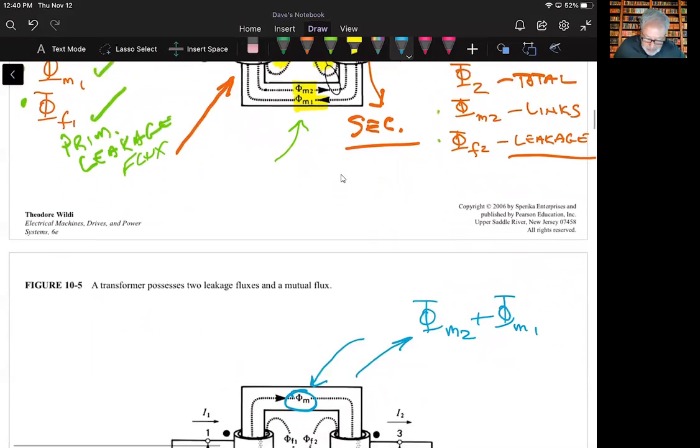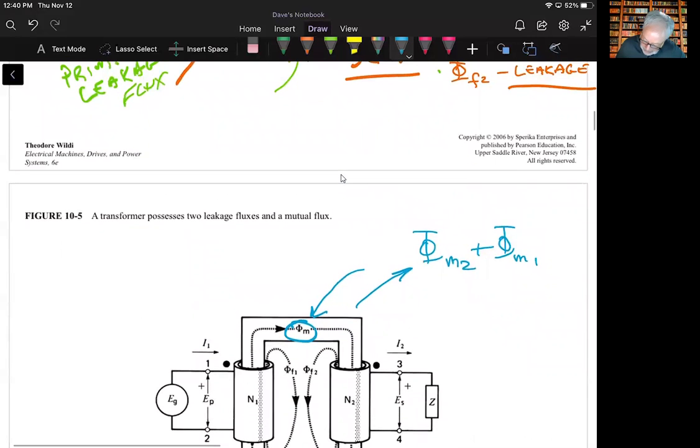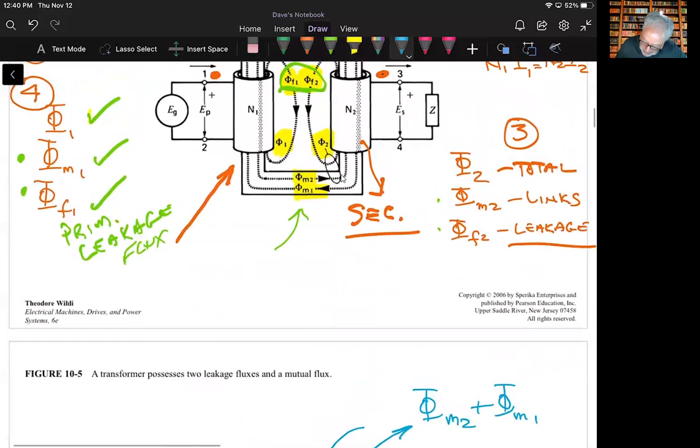Fourthly, we note that the primary leakage flux, this guy, okay, is created by N1 I1, while the secondary leakage flux is created by N2 I2, okay?